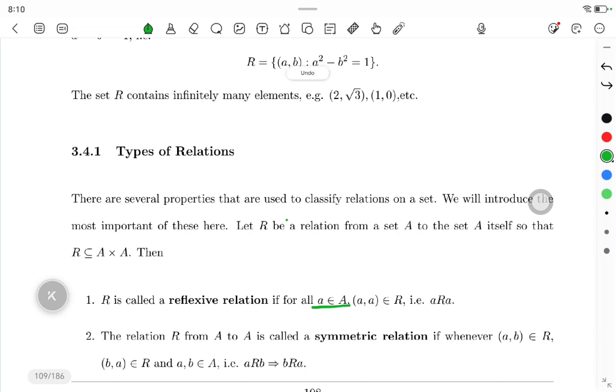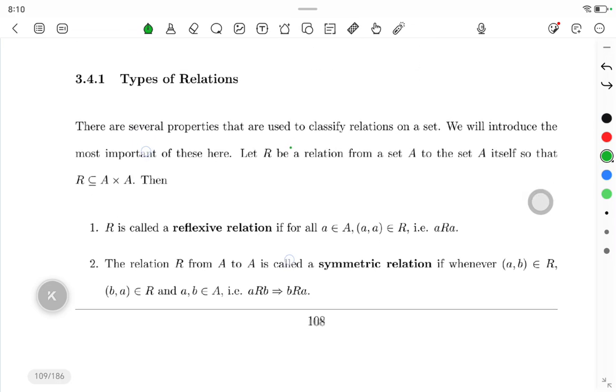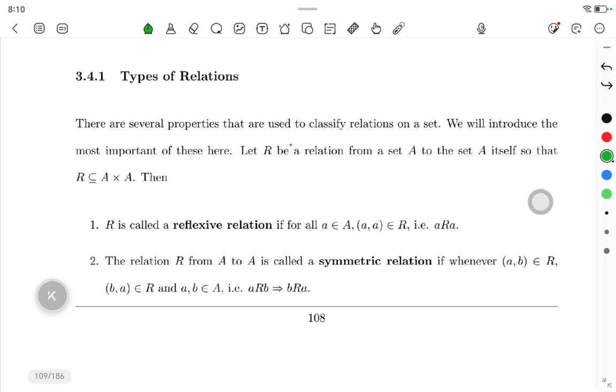So now again for the symmetric relation, it's the same thing. We take the relation R, and this relation will be called a symmetric relation if whenever we take a pair (A, B) from R, and we find that if I commute the pair, I'll find that it's still in R. And that will occur for any two elements taken from a certain set.